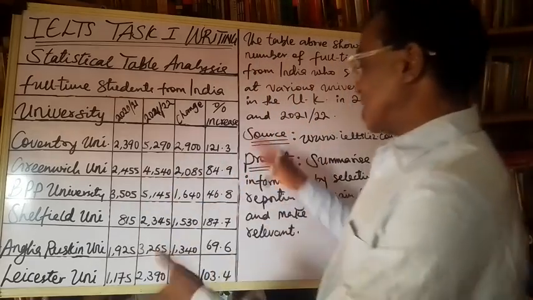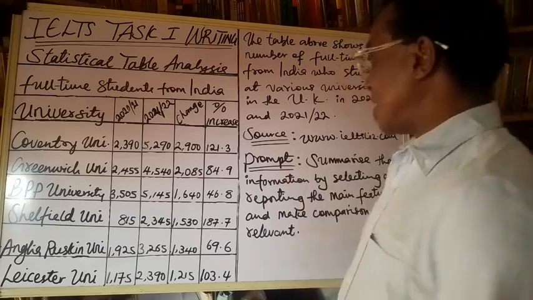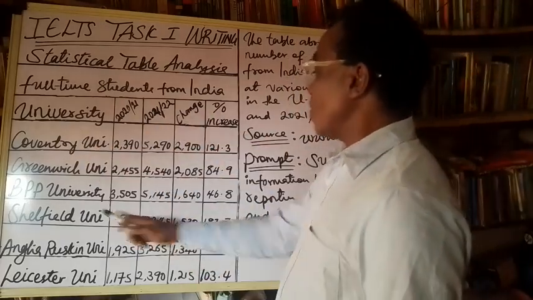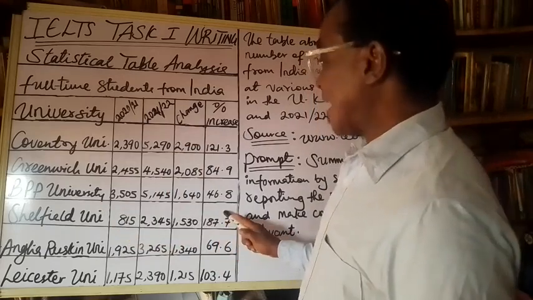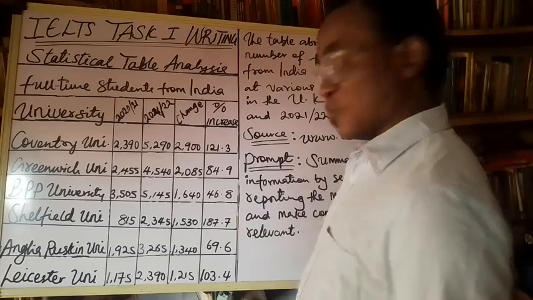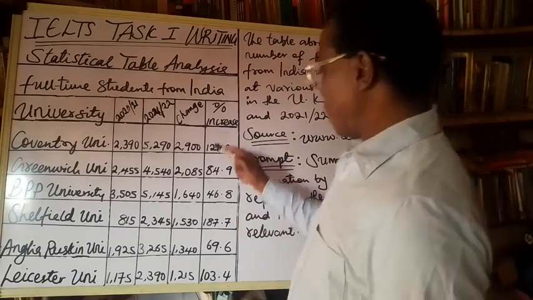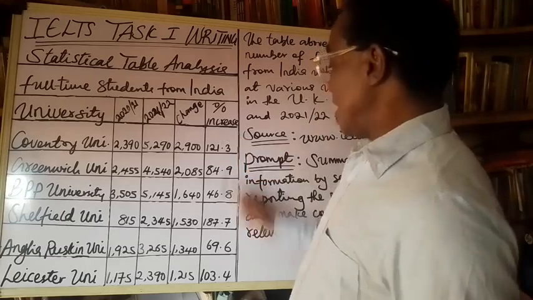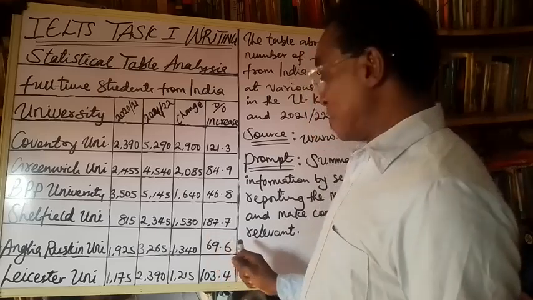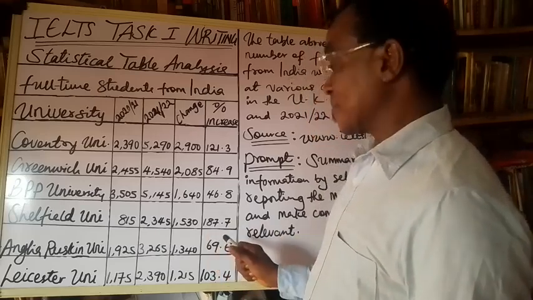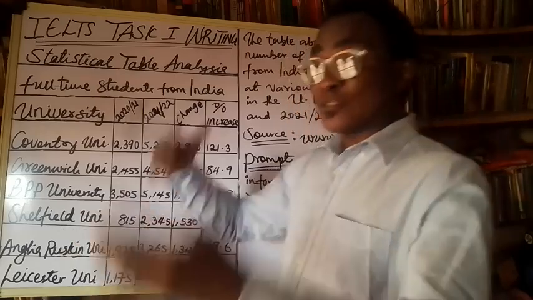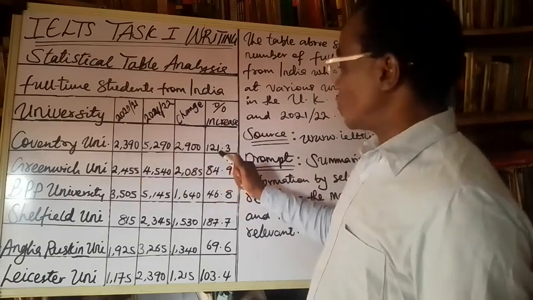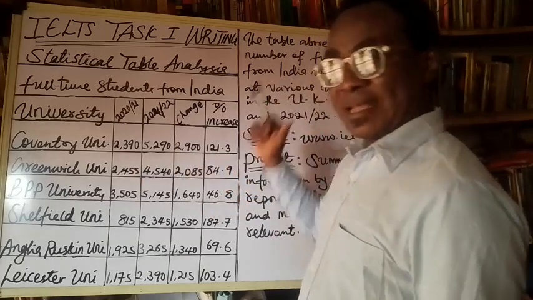As we go down, we discover that the percentage increase was highest in Sheffield University, followed closely by Coventry University at 187.7% increase. Sheffield University topped the list, followed by Coventry University at 121.3%.